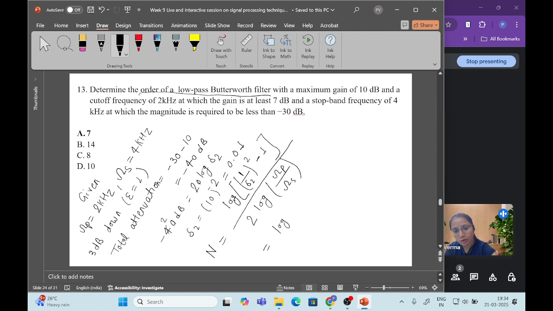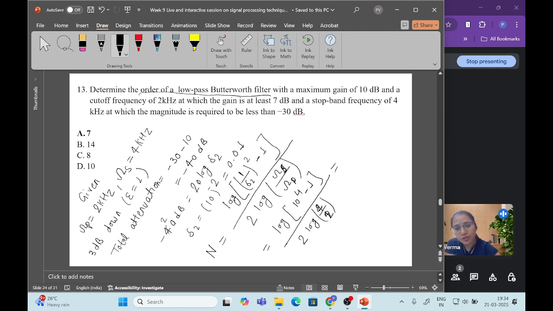So log 1 by del 2 means 10 to the power 4, minus 1, divided by 2 log omega s divided by omega p. So 4 by 2.